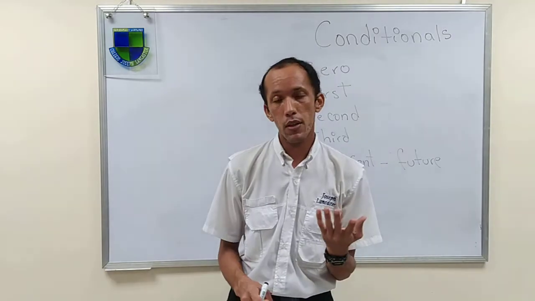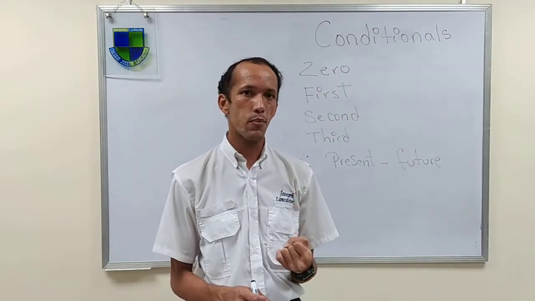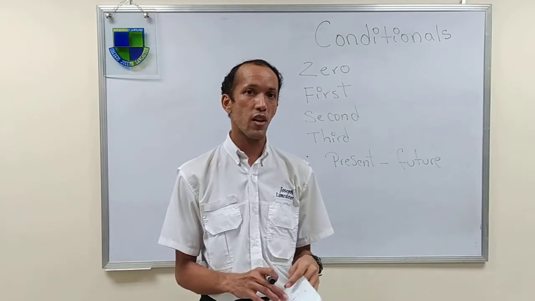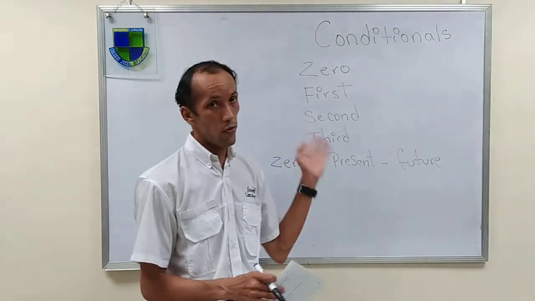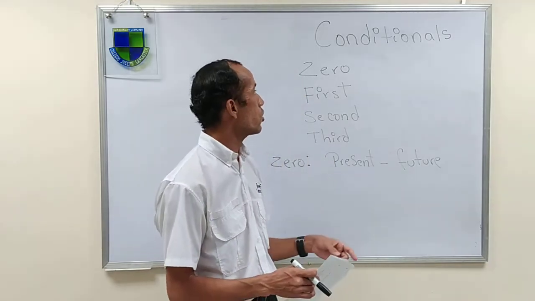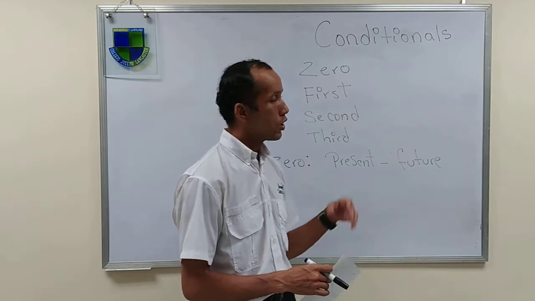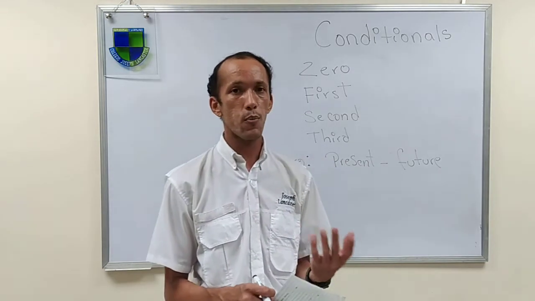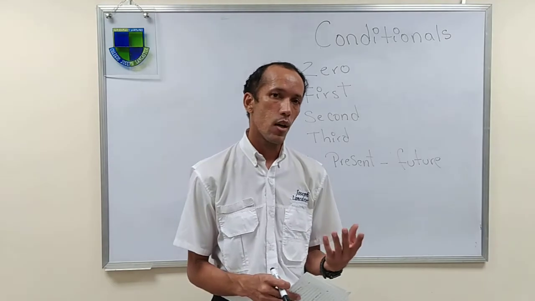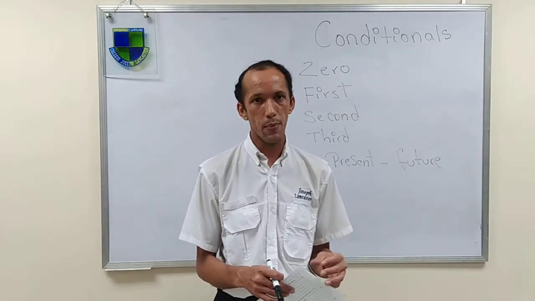We have four types of conditionals used in English, but most of the time professors, or even the books, only present three. But the first conditional is quite important. We have the zero conditional, first conditional, second conditional, and third conditional. Those conditionals are used to talk about situations or events that could happen.